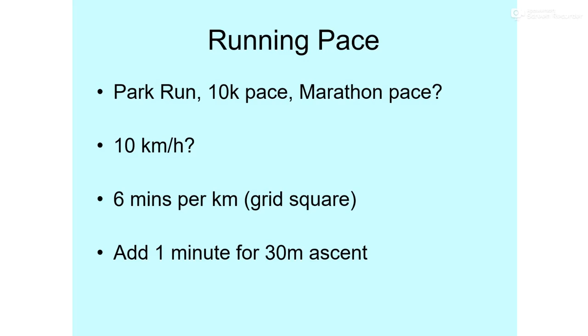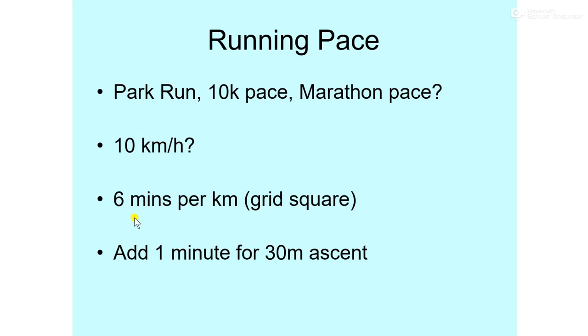So think about if you can do a 10k race on the flats in an hour, and if you can, then you're running at 10 kilometers an hour. Okay, and that equates to 6 minutes per kilometer or 6 minutes per grid square on the map. So it will take you 6 minutes to cover a square.